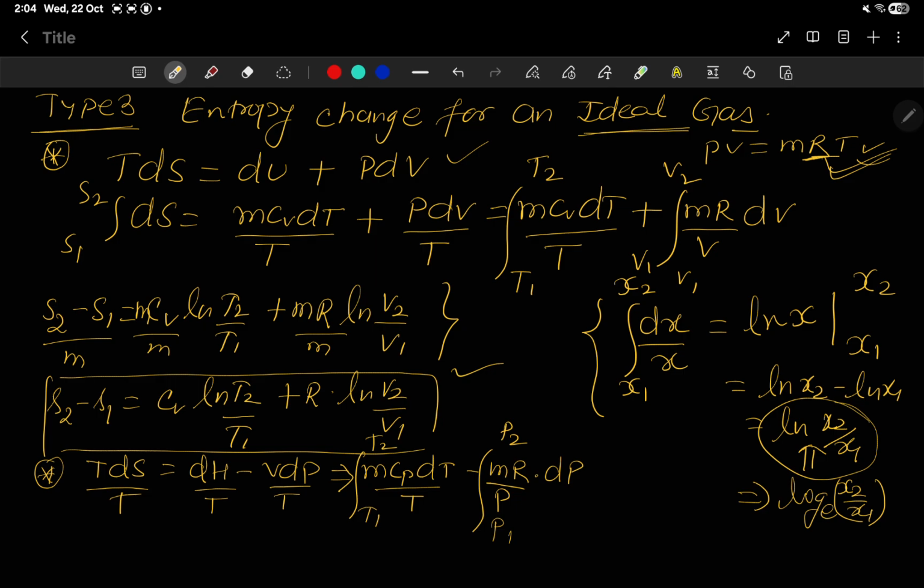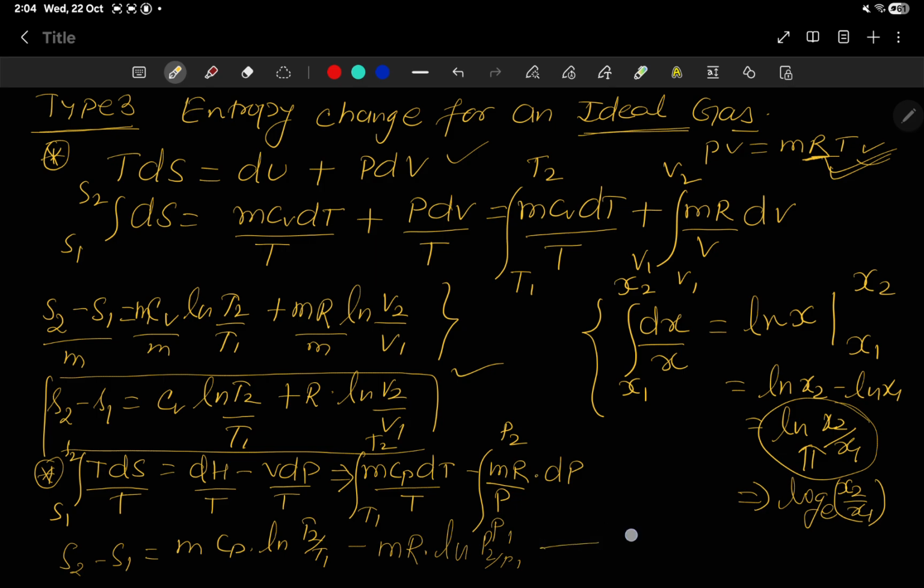We will get the following relation. Integrating the entropy from S1 to S2, we get S2 minus S1 equals m Cp ln T2 by T1 minus mR ln p2 by p1.